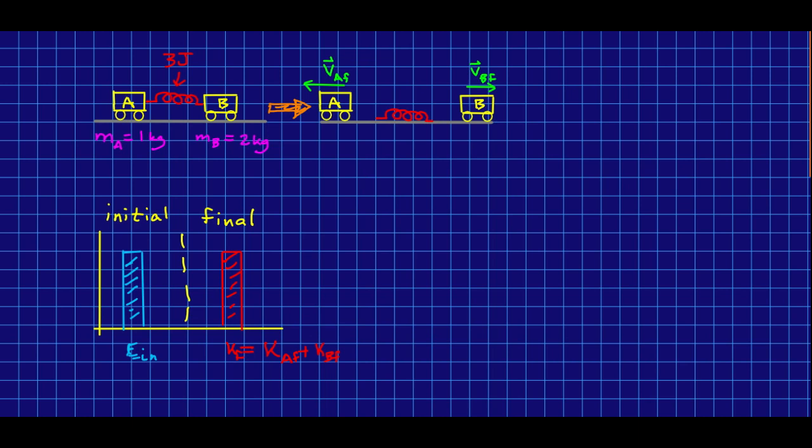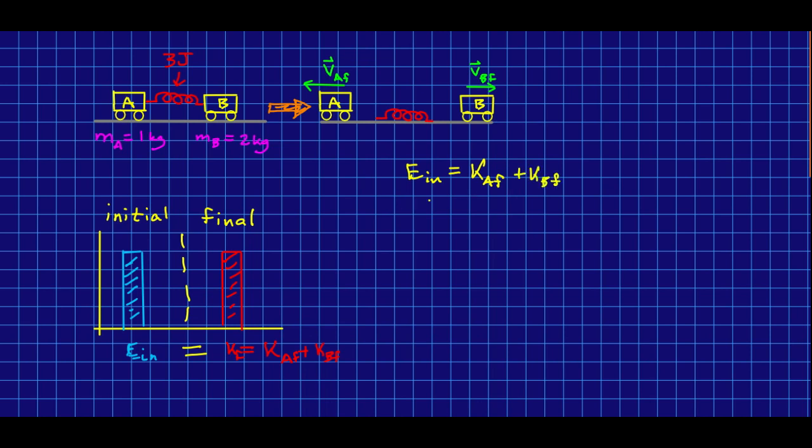And so there is my conservation of energy equation. I'll just rewrite it up here. I've got E internal initially equals K A final plus K B final.